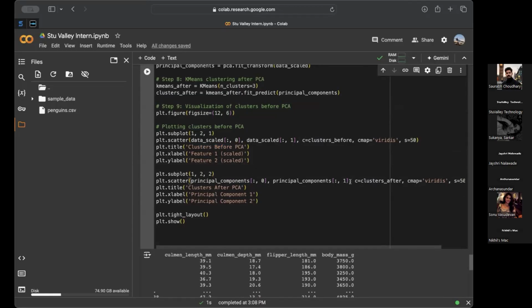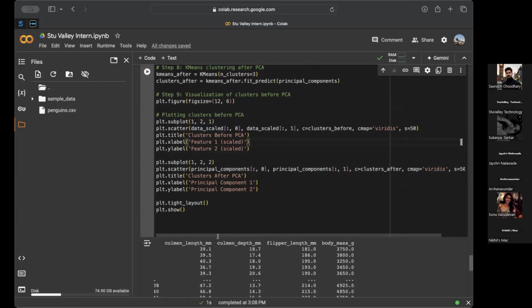Data scaled. How many features does it have? Okay, so you are taking only Culmen length and Culmen depth, only these two.